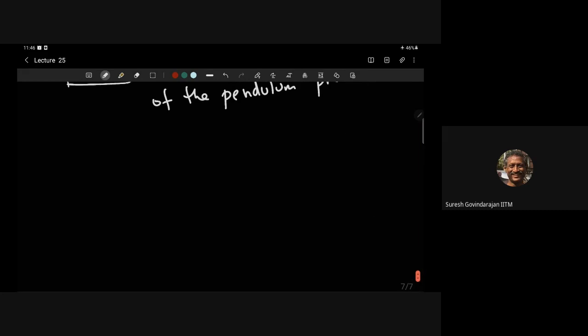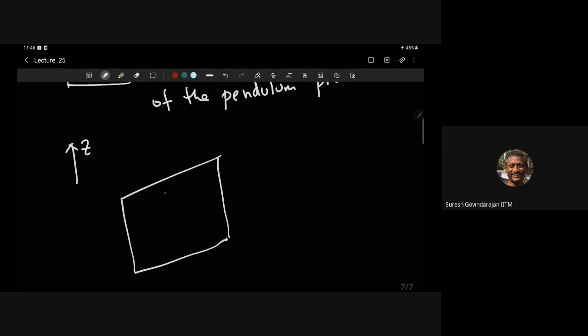Okay, so I want to draw a picture here. So let's say this is the z direction. So that is a plane of oscillation. So this would be some x and y, and so this will precess.